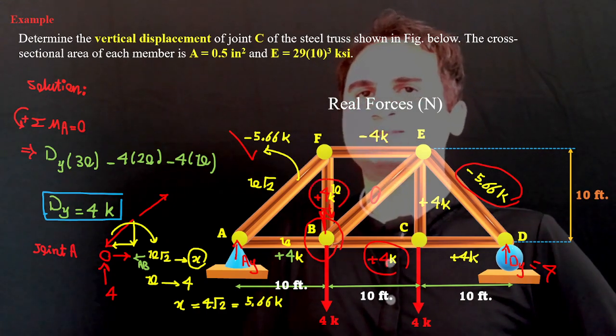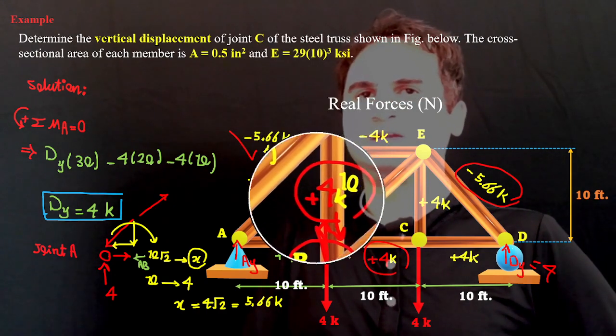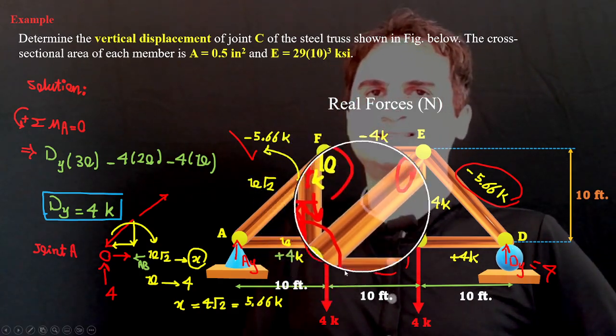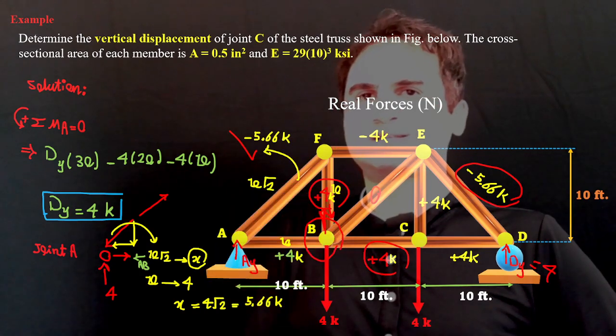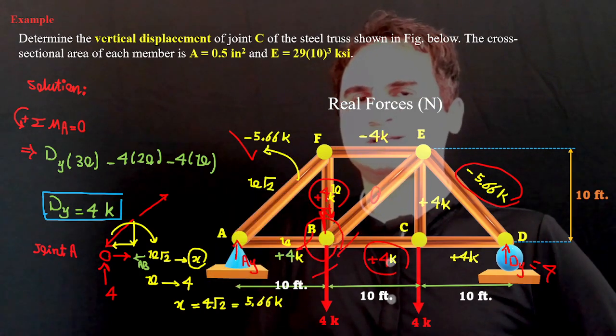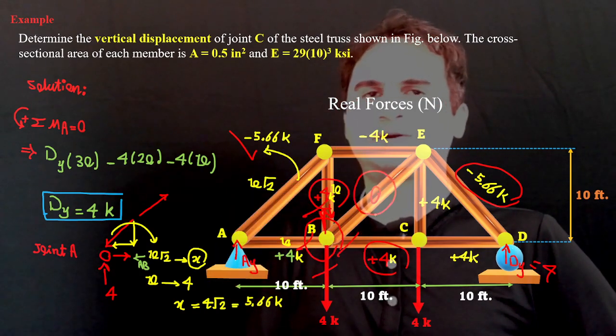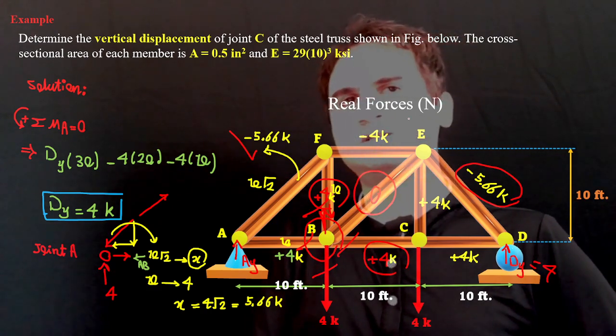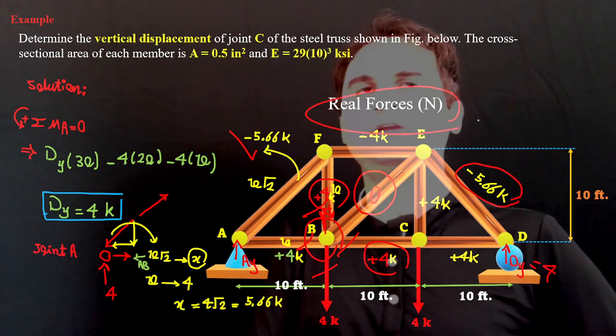So the member is a tensile member, and that's a 4K force inside. You can easily see this force is cancelling out with this force, and this is a zero member. The same story happens on the other side. So these are the effects of real forces.